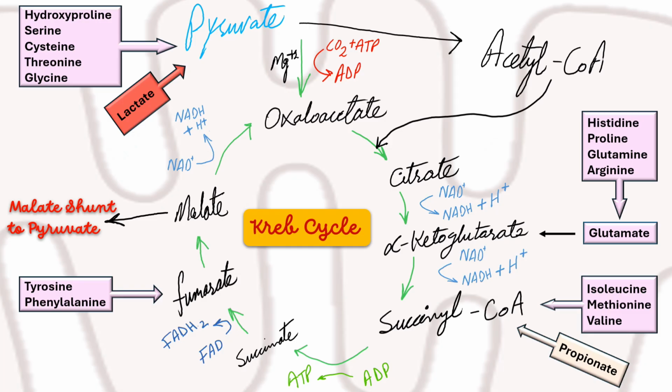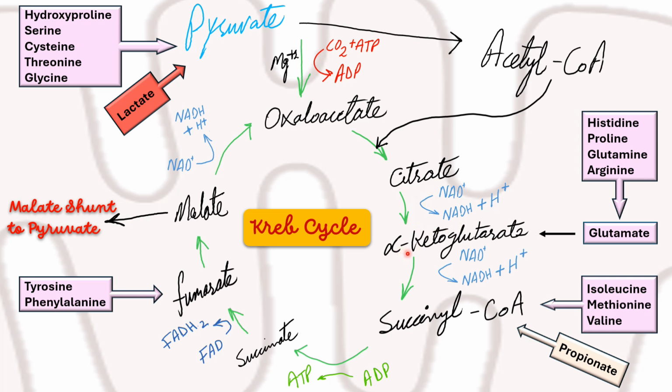At the end of glycolysis, pyruvate will enter into the mitochondria, which is also called the powerhouse of the cell. Once pyruvate has entered the mitochondria, it will be converted into oxaloacetate, and this will also be at the expense of ATP. From oxaloacetate, it will be converted into citrate, and from citrate into alpha ketoglutarate, and there will be a production of NADH.